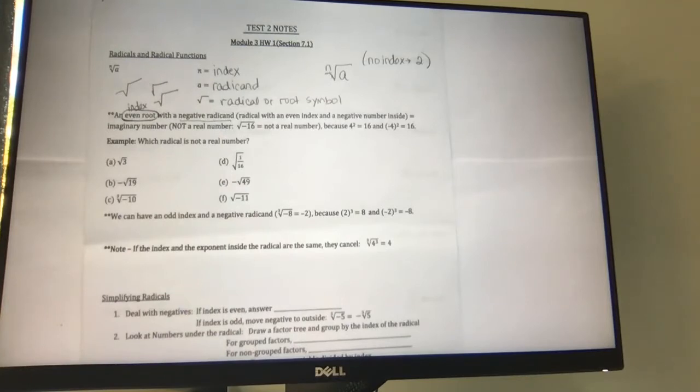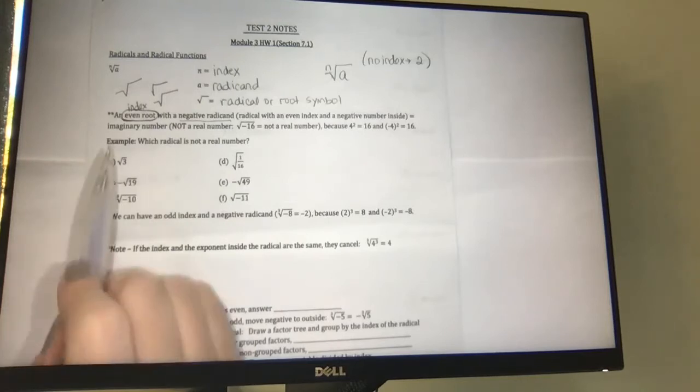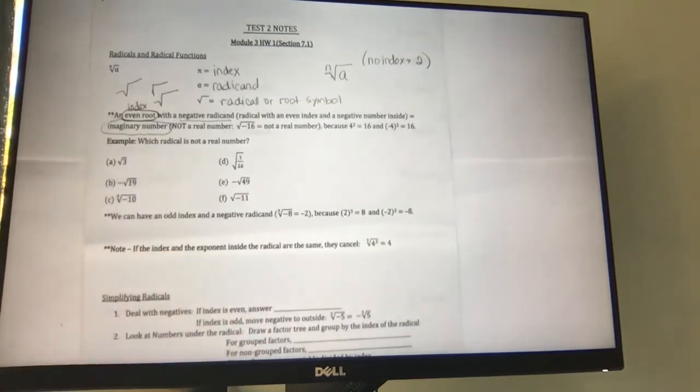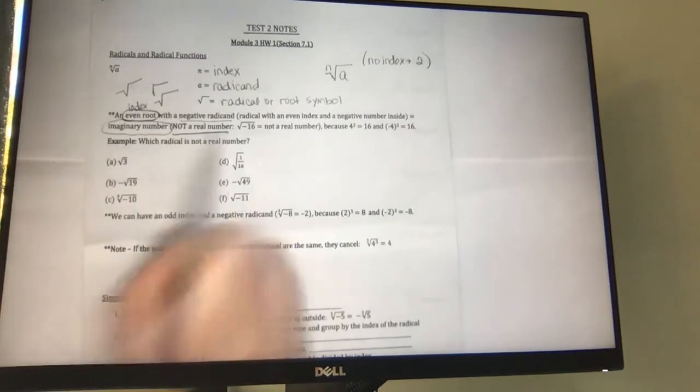That's when the problem occurs. So when the stuff inside is negative, but you have an even index, what that results in is an imaginary number. That's when you get the little i, the little imaginary number. Now we're going to go into depth and deal with i's, but for right now, for this section, when you see that situation, you're just going to say not a real number.